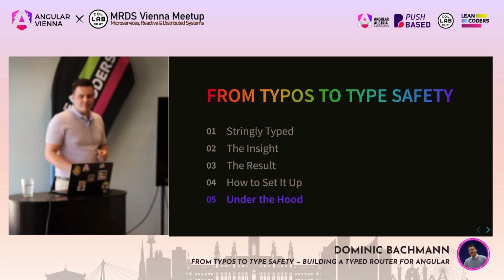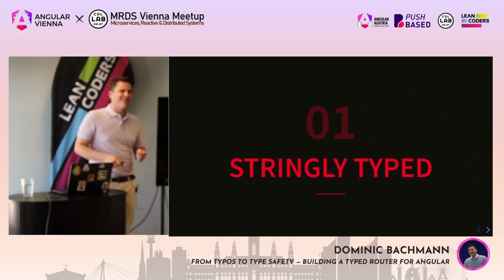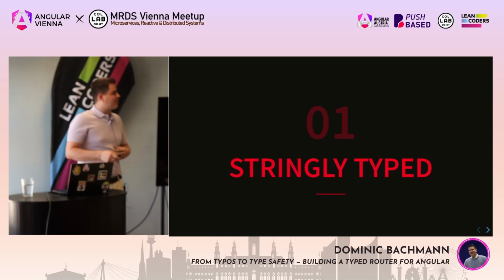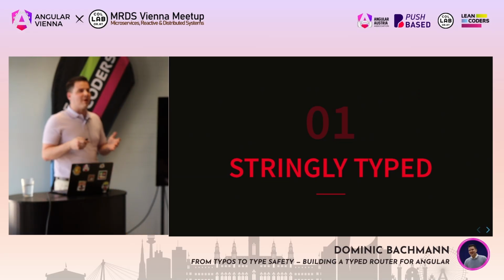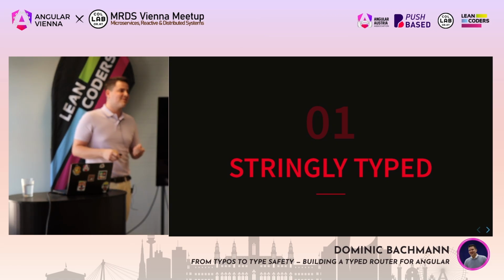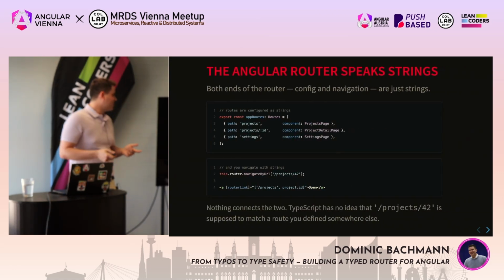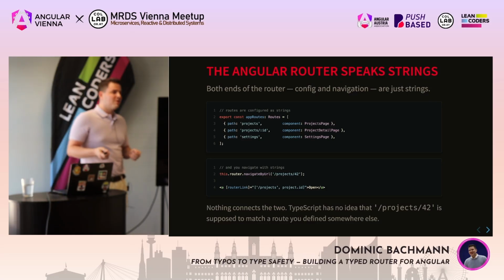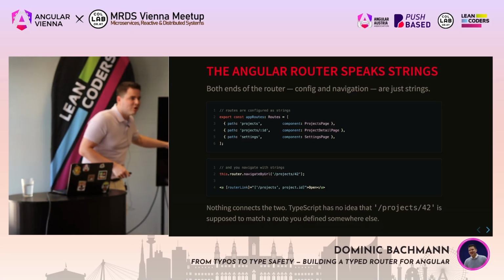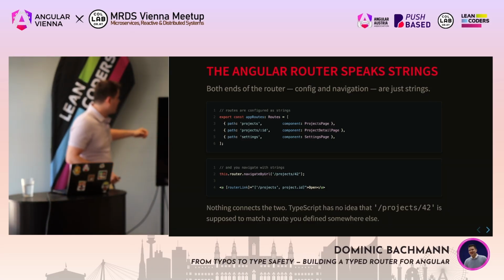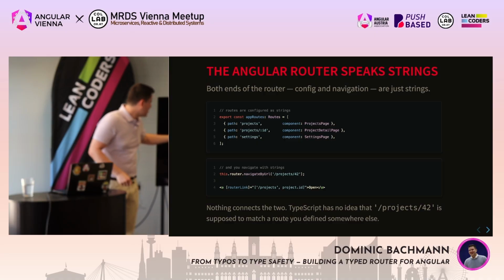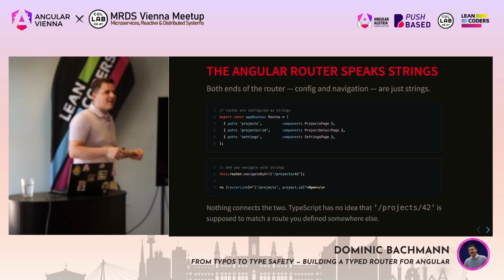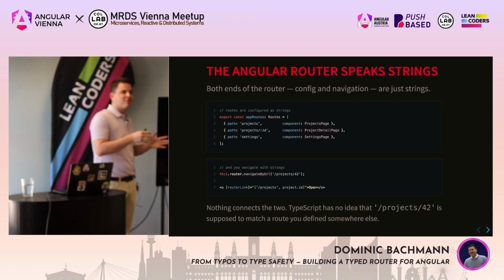So, stringly typed. The Angular router is really powerful, so I really like it, but it has a problem. It's all just strings. As you can see here, I hope it's big enough, we have our route config, where we define our paths as strings, which is one part of the API of the router.